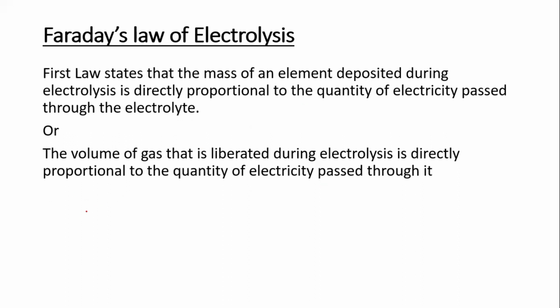Now the law says that the mass of an element is directly proportional to the quantity of electricity passed through it. It then means that the mass equals ZQ, where Z is known as electrochemical equivalence.